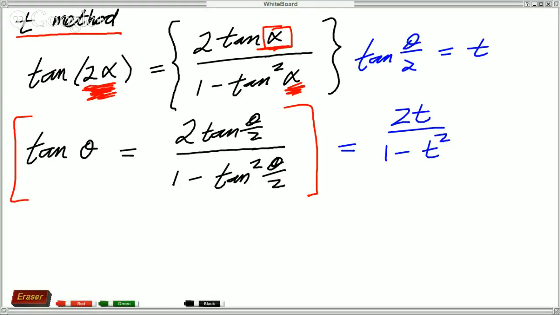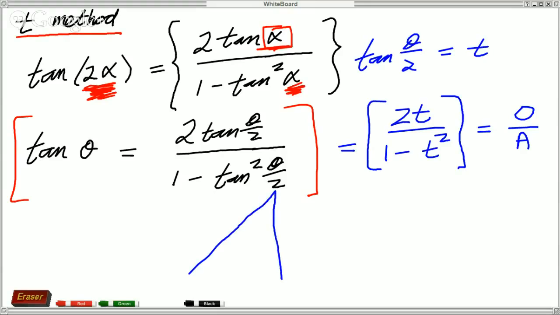Okay, well, if that's what tan theta is, keep in mind tan theta is the opposite on the adjacent. So we can generate a right angled triangle from this. So let's generate a right angled triangle. So we would have something like this. We would have theta here, and we'd have 2t, we'd have 1 minus t squared.